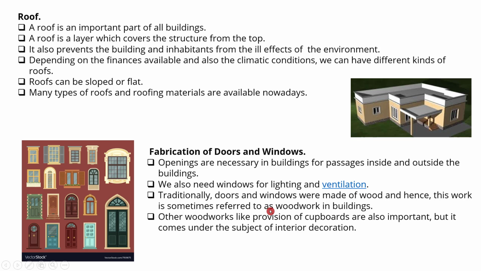Nowadays, as the timber work is more costly, people go for aluminium, PVC or even steel doors and windows. Other woodworks like provision of cupboards are also important, but it comes under the subject of introduction because those are non-mandatory things which are provided for the interest of the inhabitants.